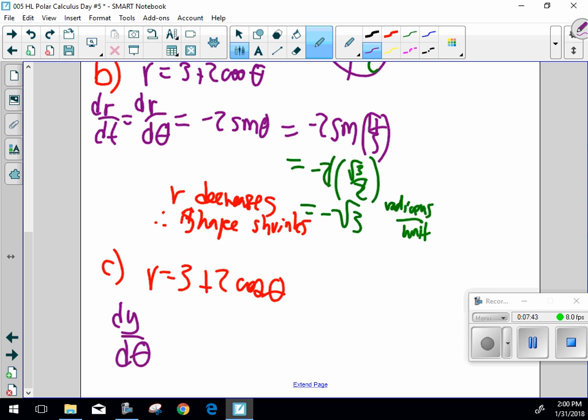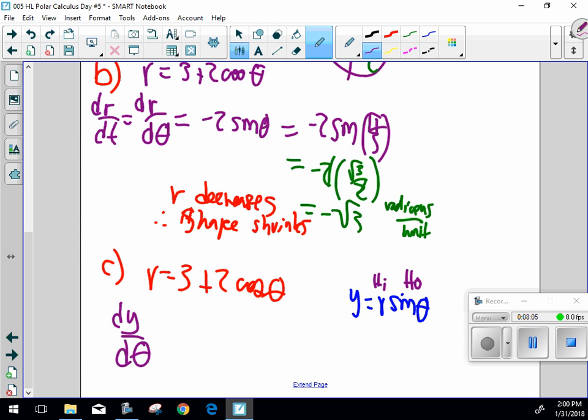I'm going to go back in time. We had two things. X equals r cosine theta and y equals r sine theta. Which one do we want to use for this derivative? The top one, x, or the bottom one, y? The y. So this here is my high, and this is my ho.